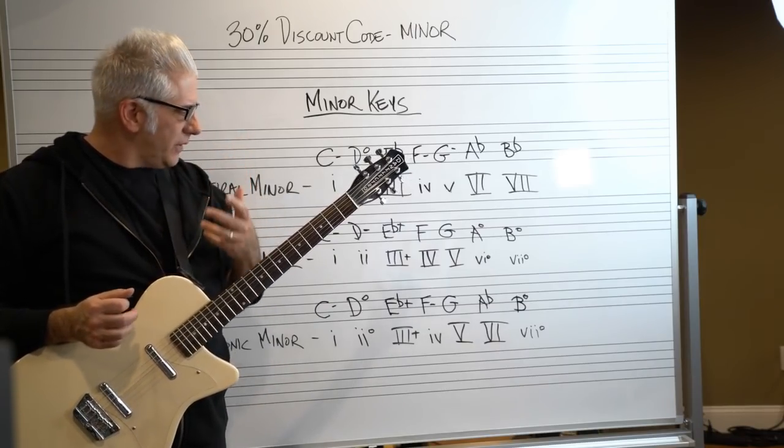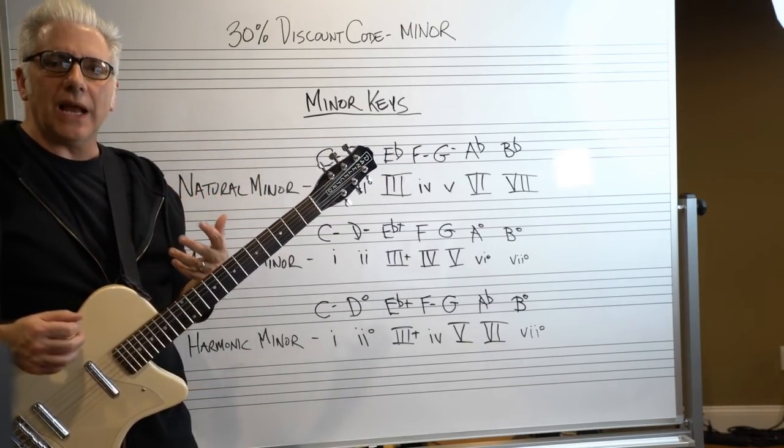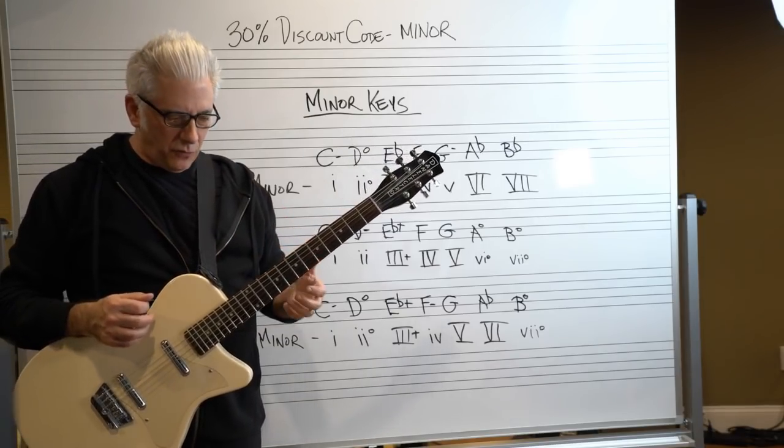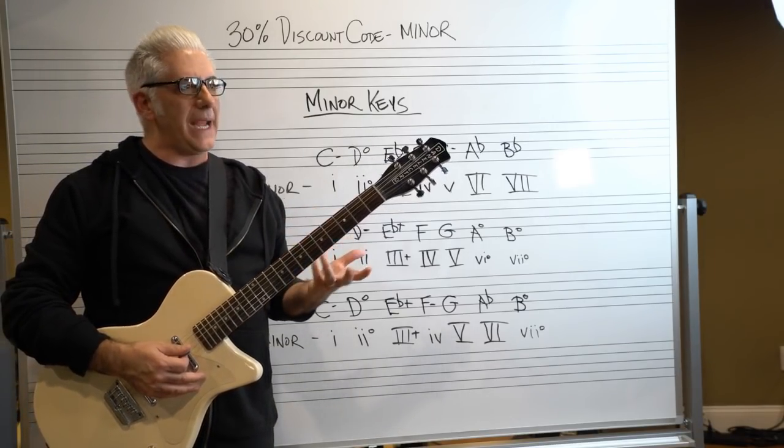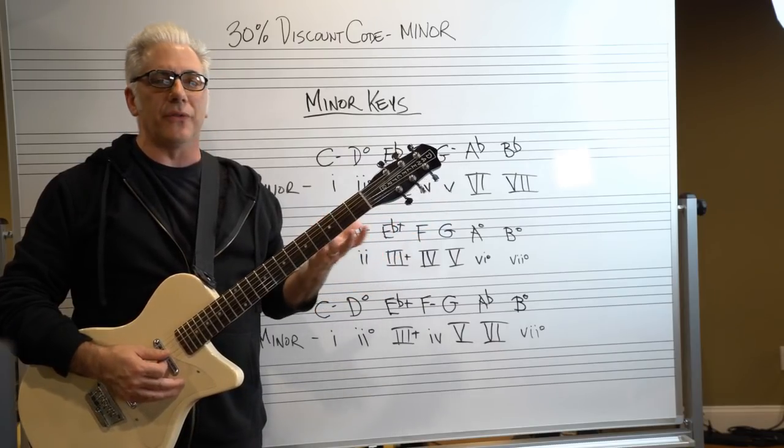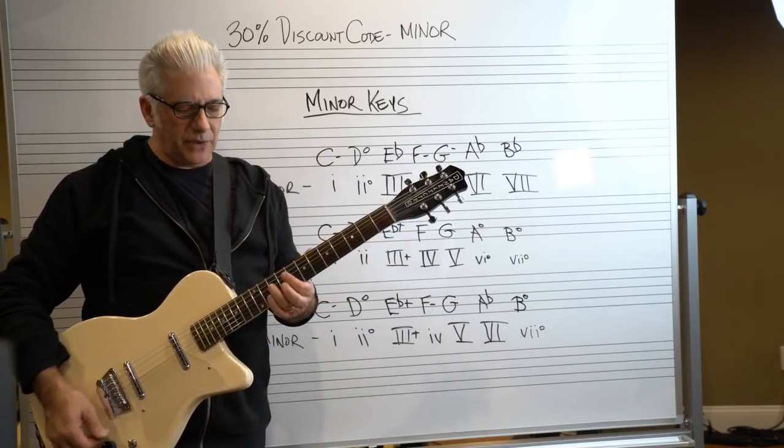Now sometimes in some jazz tunes, you'll have a minor 2-5-1 or minor 2-5 that resolves to major. I'll give you an example, the song All the Things You Are, which is probably the most common standard.